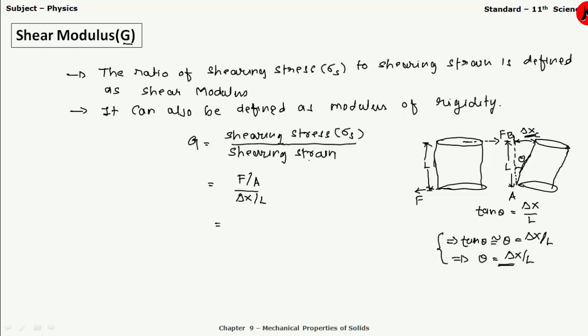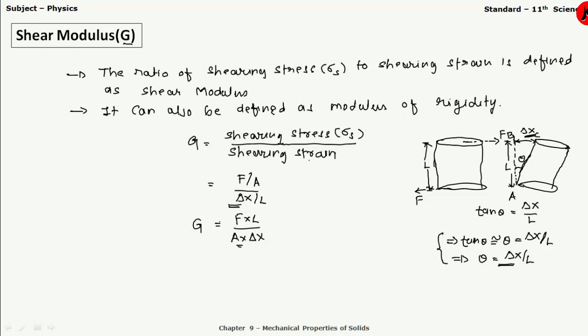So finally we have the equation of shear modulus G, which is F into L divided by A into delta x, right? I have just simplified this equation.